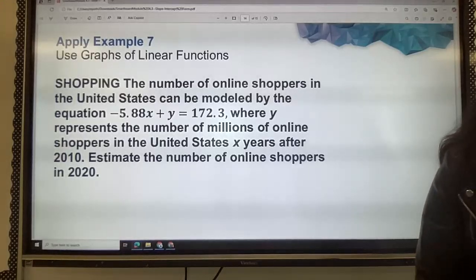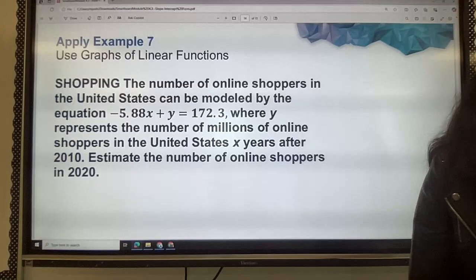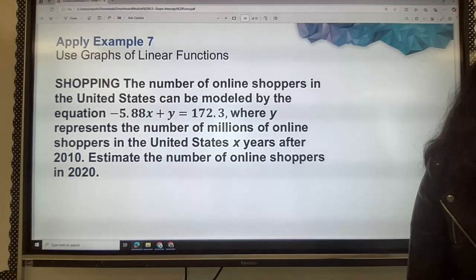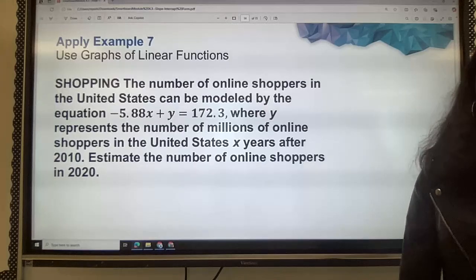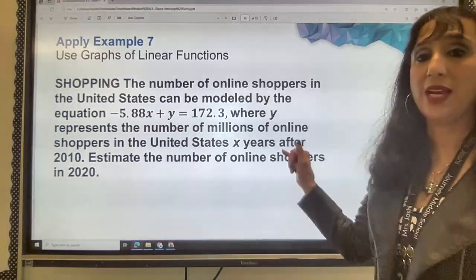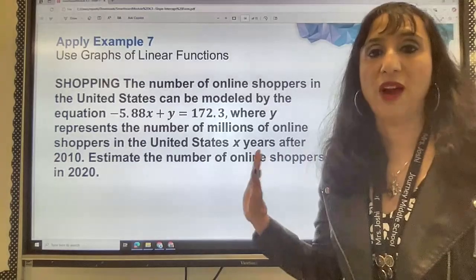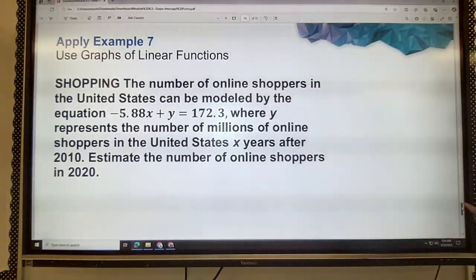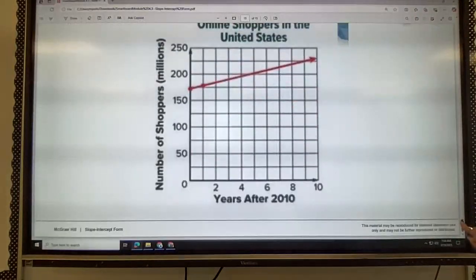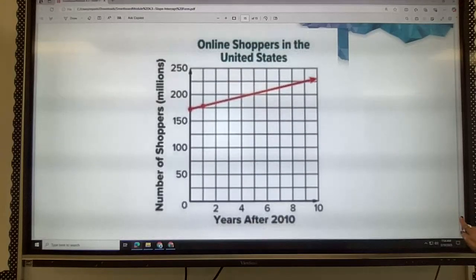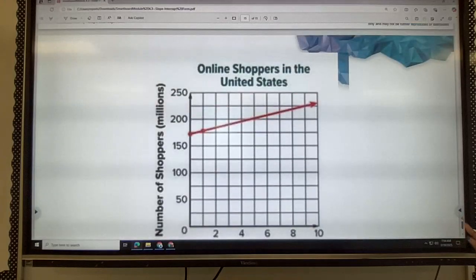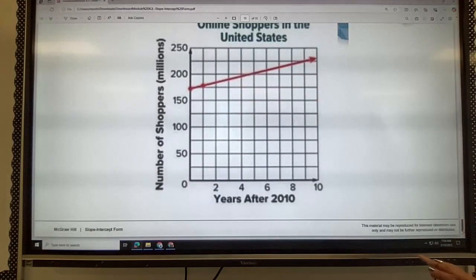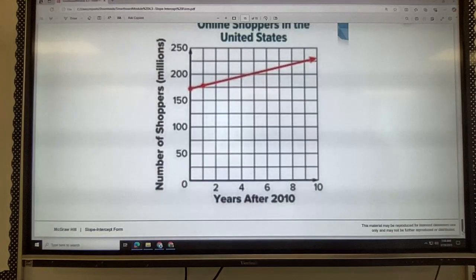So, of course, I am going to write it in the slope-intercept form. That is the first thing that I need to be doing. All right. And so I'm just going to do that on the next page because I've already gone ahead and made the graph for you. So here is my graph. Right? And so all I'm doing is I am putting it in my slope-intercept form, which is y is equal to mx plus b.